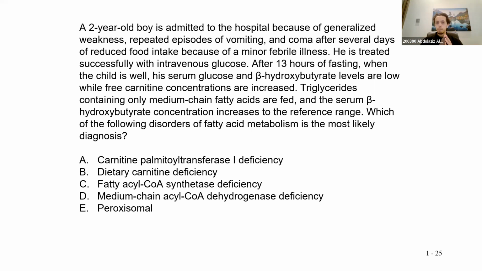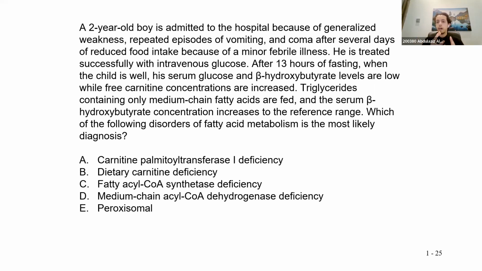They gave him medium chain fatty acids, and the ketone bodies increased. So what does this mean? This means that medium chains are oxidized. That means that the child can utilize the medium chain fatty acids. When they were given, the ketone bodies increased in the body. So that means that the medium chain acyl-CoA dehydrogenase is working. It's not deficient. It's working because we gave him medium chains and he utilized them.